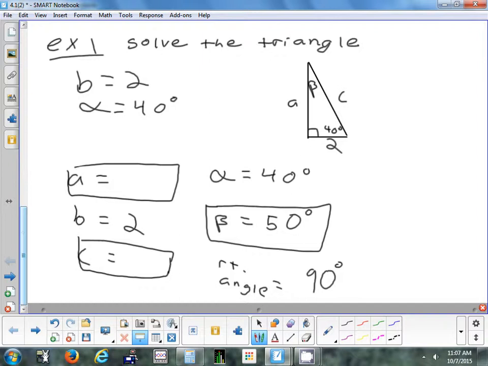Now, my advice when you're solving a right triangle problem, don't ever use something you found to try and find something else. Why do you think it's a bad idea to use this 50 to try to find A or C? I could, but it's a little dangerous to do it that way. How come? Because you don't know if it's completely correct. Right.